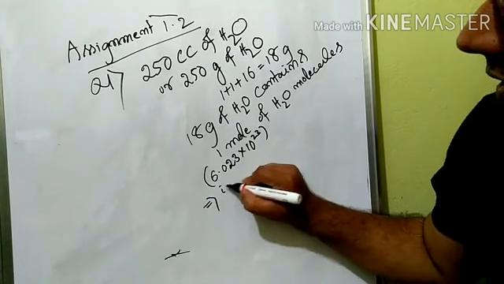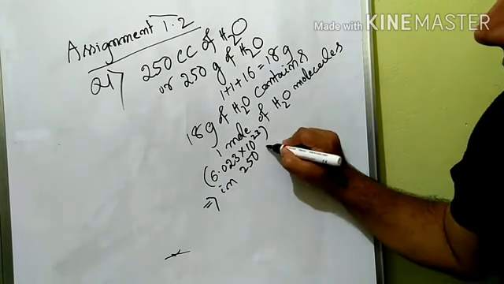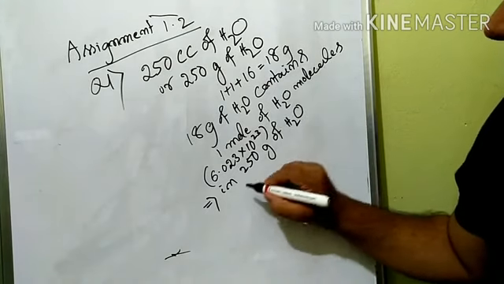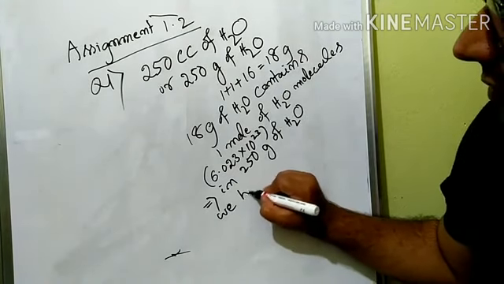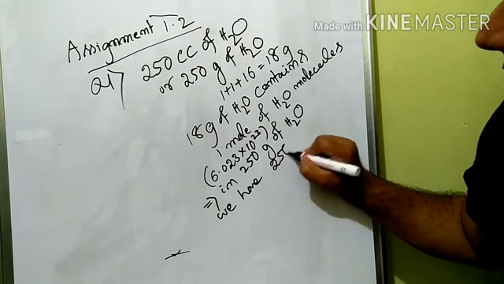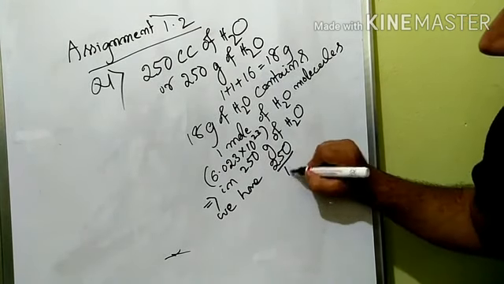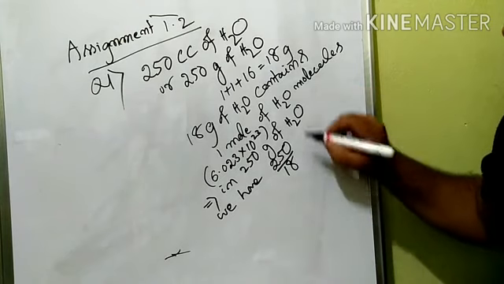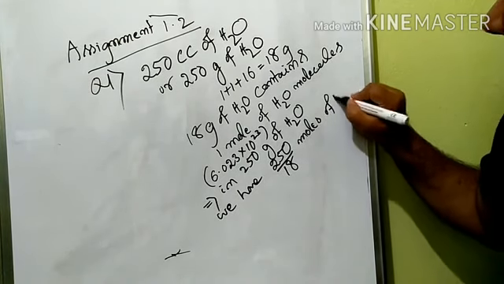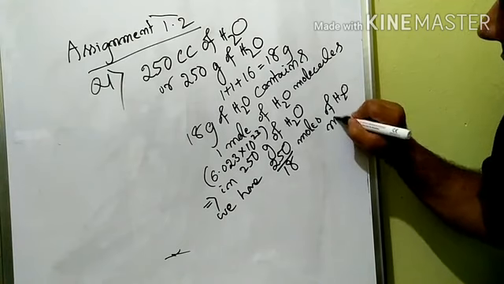This implies that in 250 gram of water we have 250 by 18 moles of H2O molecules.